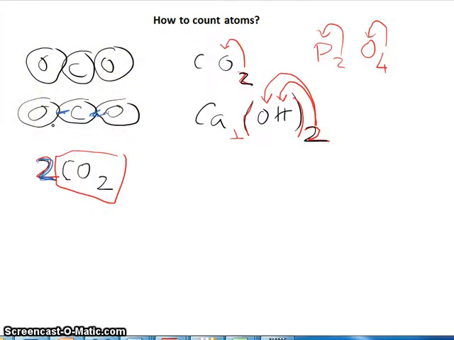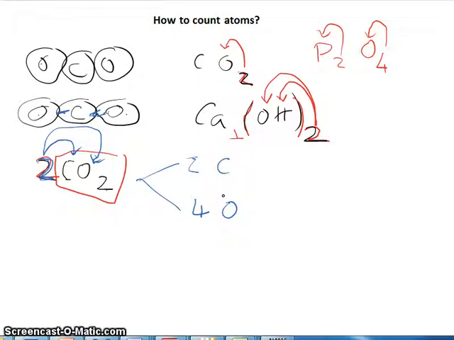They're separate. So 2 CO2 means that there are 2 groups. That means there's 2 carbon, and 2 times 2 is 4 oxygen. And yeah, you can count it: 1, 2, 3, 4 oxygen.